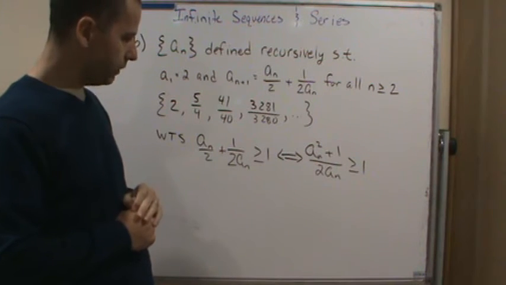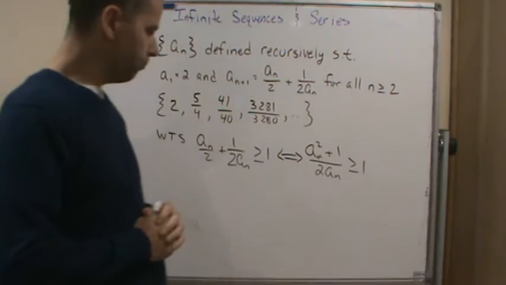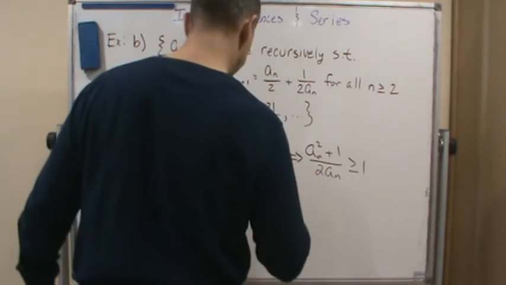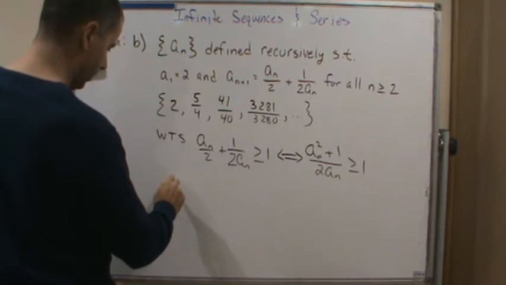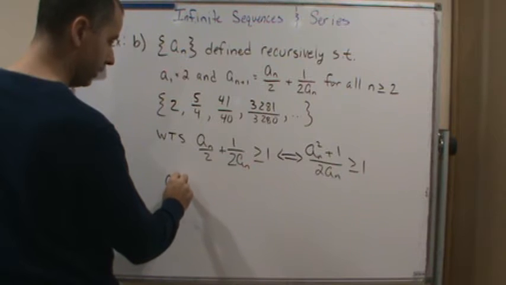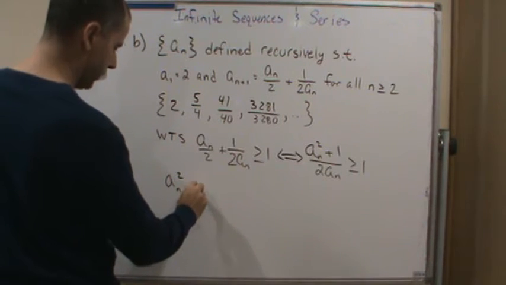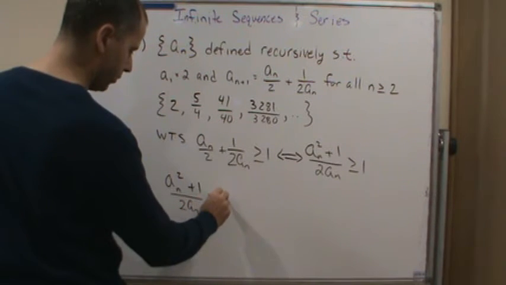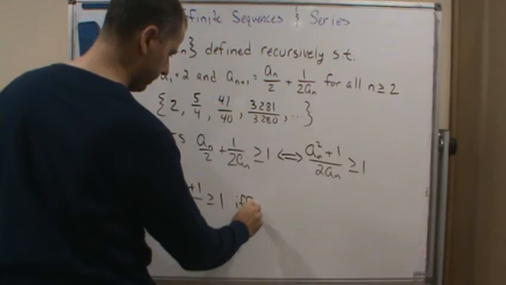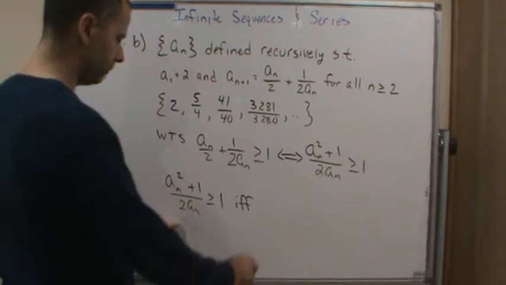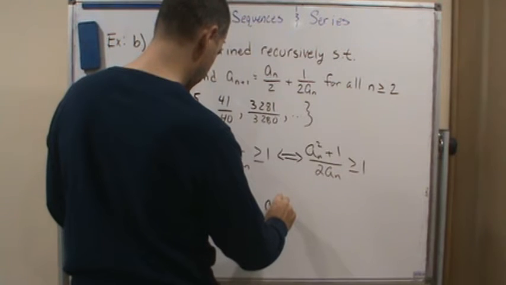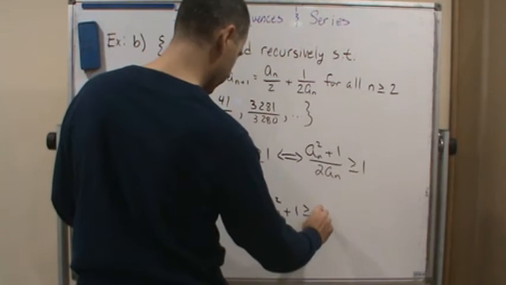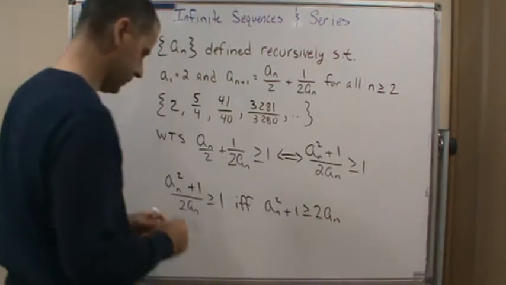So that means that this is going to be greater than or equal to 1 if and only if a sub n squared plus 1 is greater than or equal to 2 times a sub n.